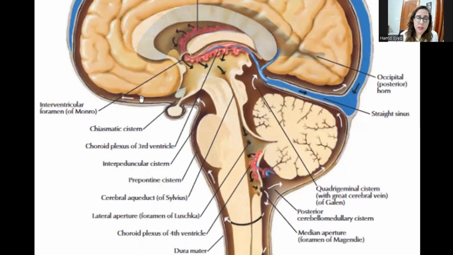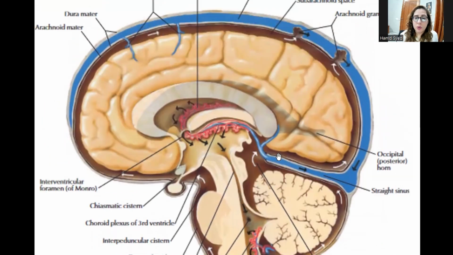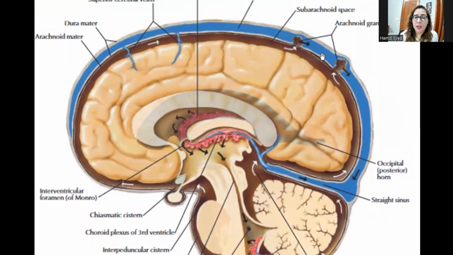And now it is circulating in the subarachnoid space, and eventually it is going to be drained through these arachnoid villi into the venous system of the brain. So we're going to be talking about the drainage, and we're going to be talking about the arachnoid villi and granulations.